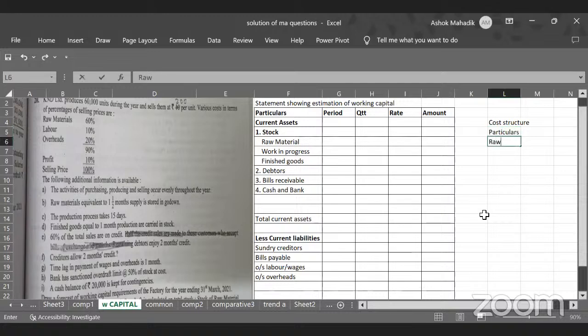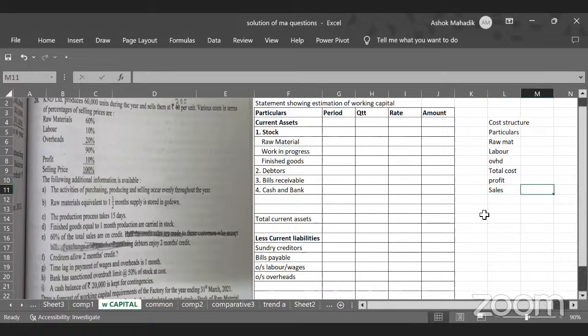First raw material, then labor, overheads, then we get total of these 3 items, that is called total cost. Then we add profit, we get sales.